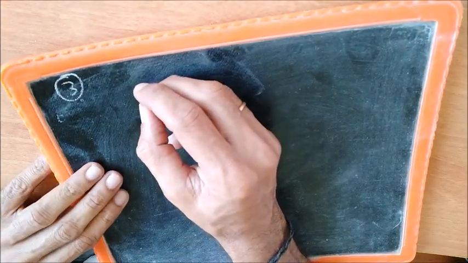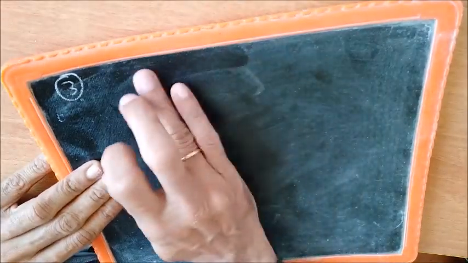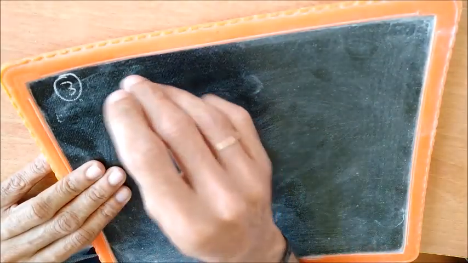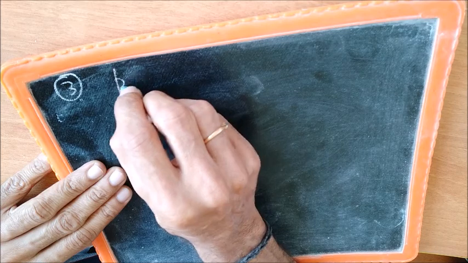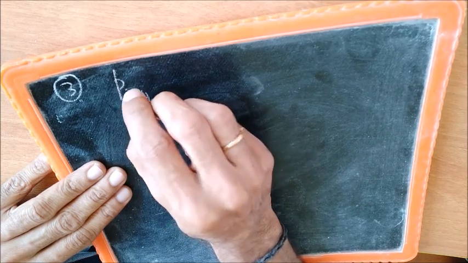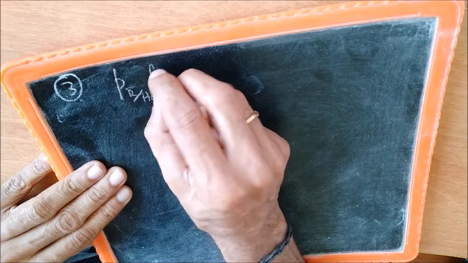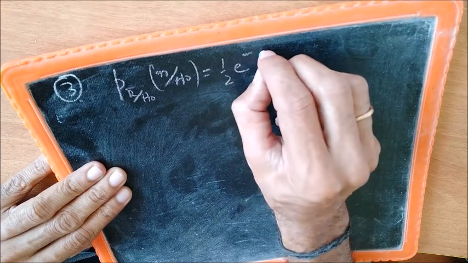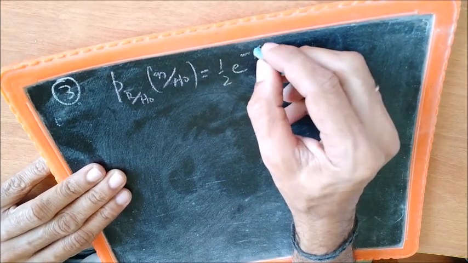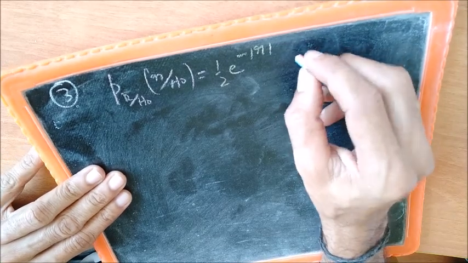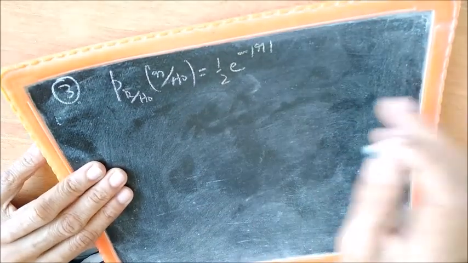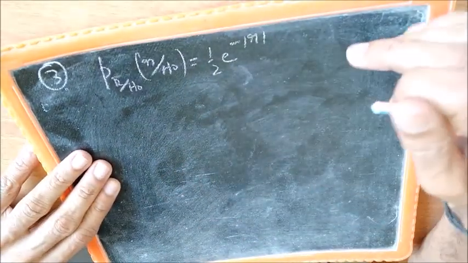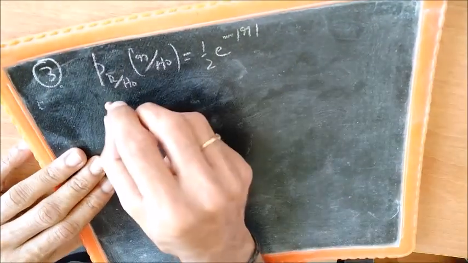In this problem, we will be developing the receiver operating characteristics for a case where we are told that P(R|H0) is 1/2 e^(-|R|), for R from minus infinity to plus infinity, that is, the entire range of values of R. So it is actually a double exponential distribution, which is also called a Laplacian distribution.